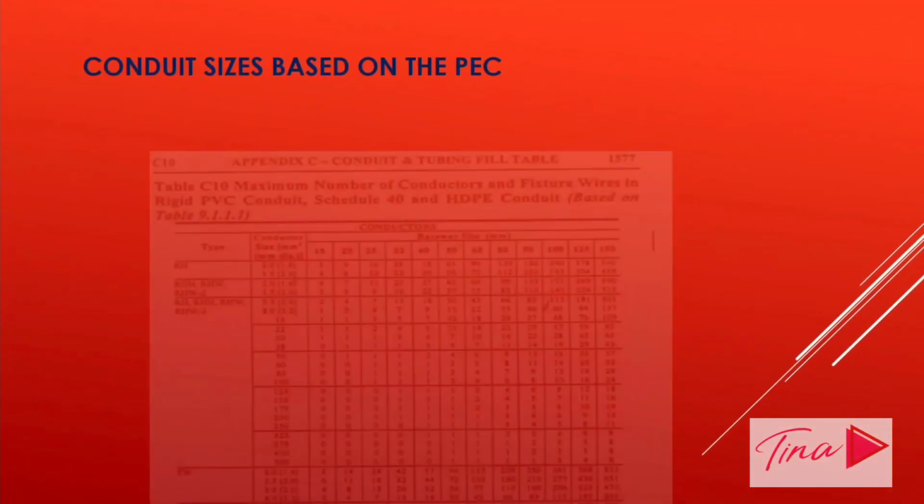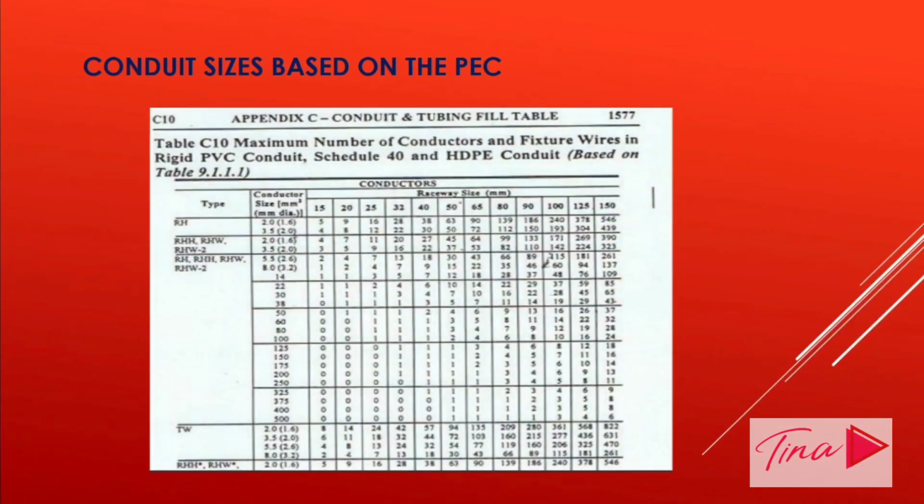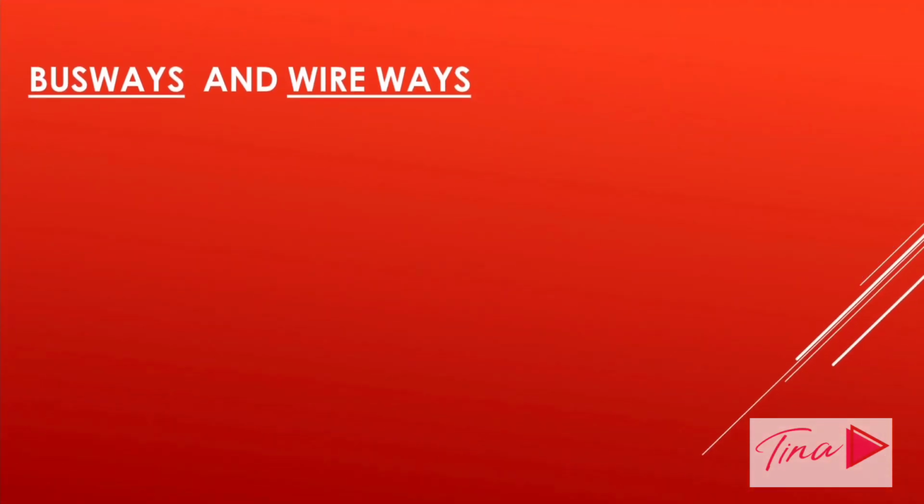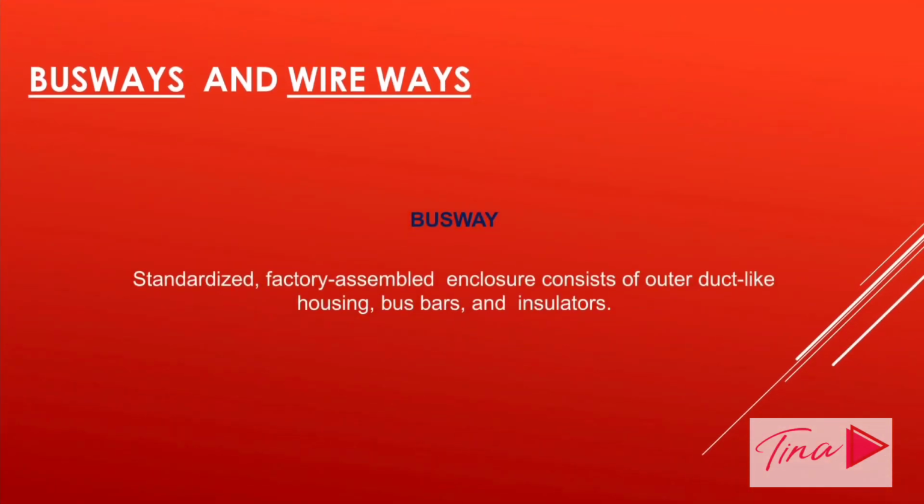Now in this part, here we have again a conduit size table based on the PEC. Here is a table that contains the data, and you may again take time to pause the video and study the table. We also have here the busways and wireways.